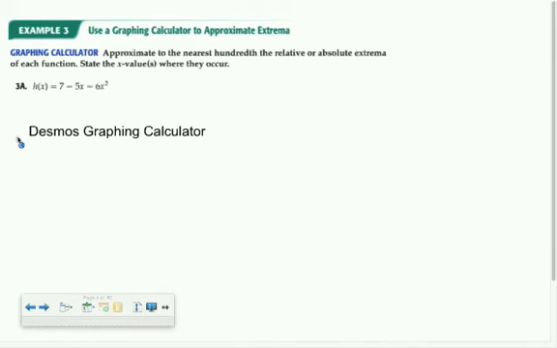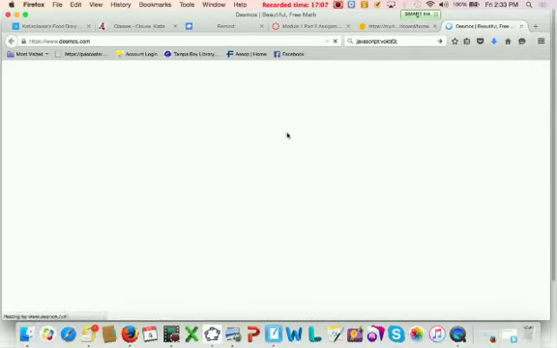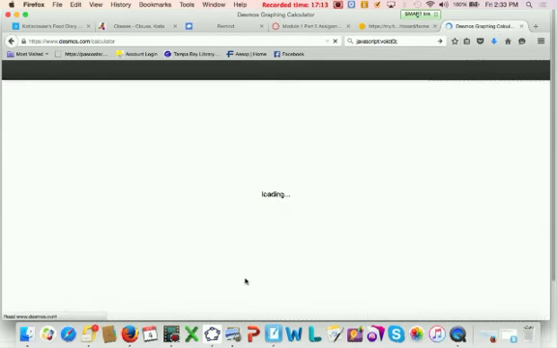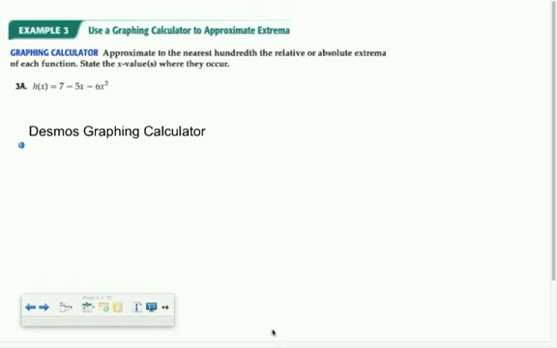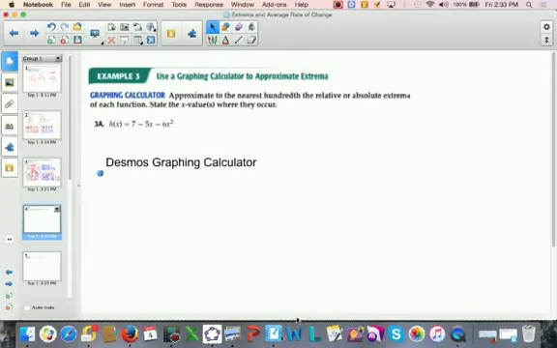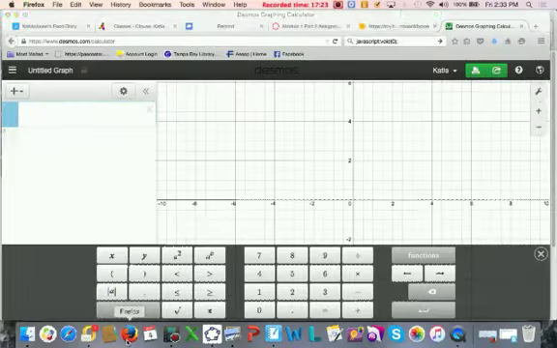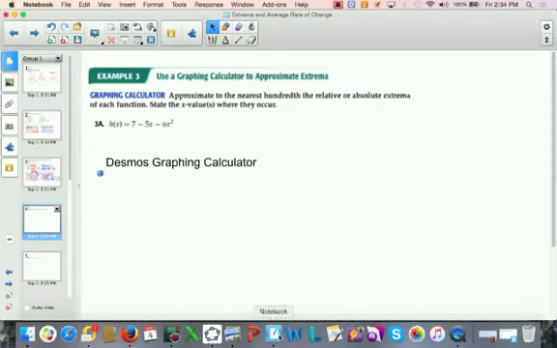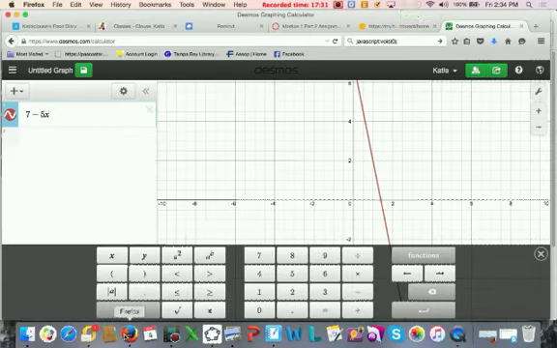So here we go. And the function is 7 minus 5x minus 6x squared.